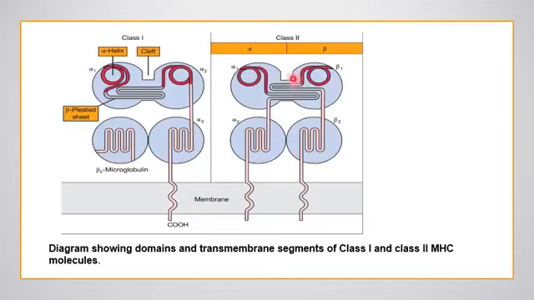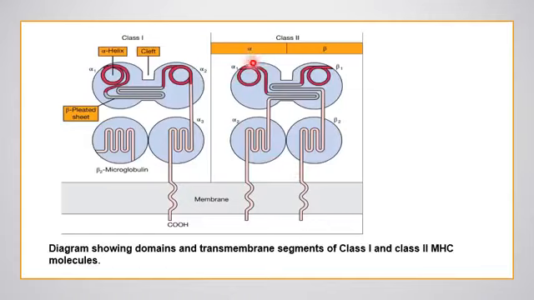So we've got here the MSC class 2. MSC class 2 is expressed on the membrane of professional antigen presenting cells such as B cells, dendritic cells, and the macrophages.